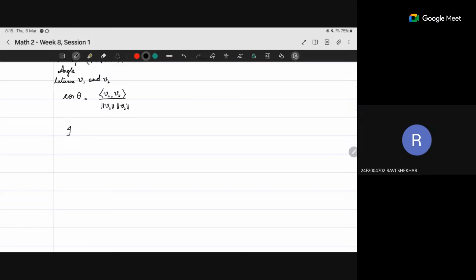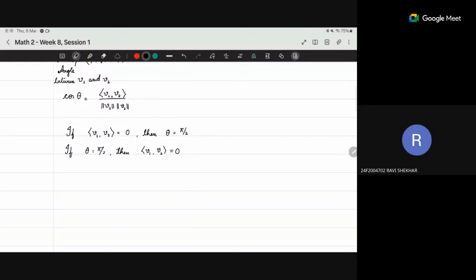So if the inner product of V1, V2 is 0, then what is theta? 90 degrees, or pi by 2. Conversely, if theta is pi by 2, then also you will get that the inner product is 0.